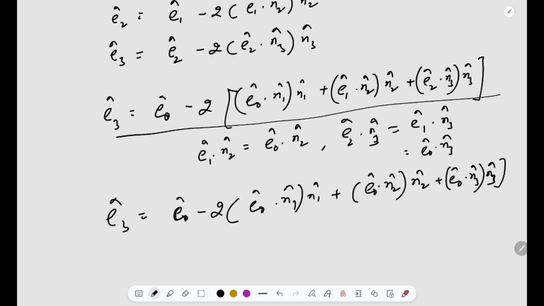And you can now say that the quantities in this parenthesis are direction cosines of the unit vector E naught with respect to the coordinates with the unit vectors n1, n2 and n3.